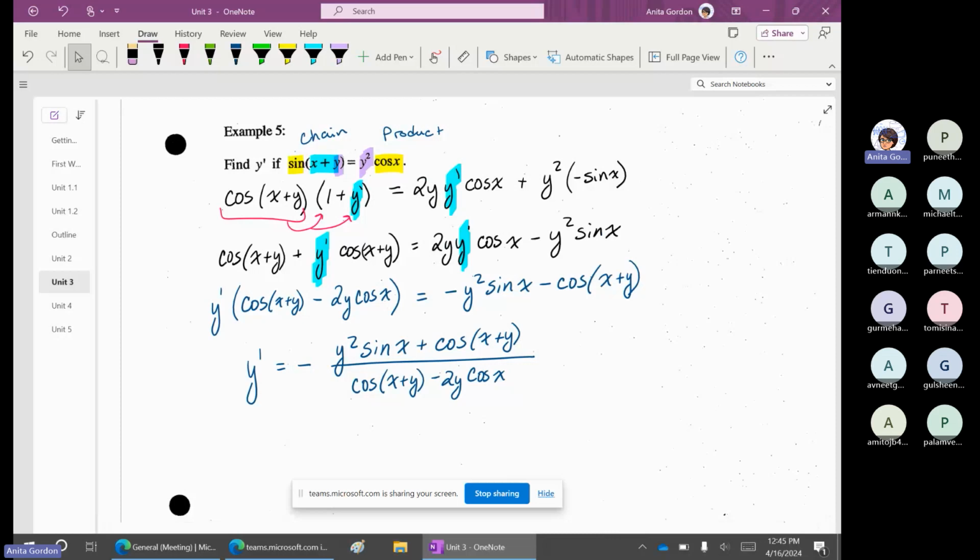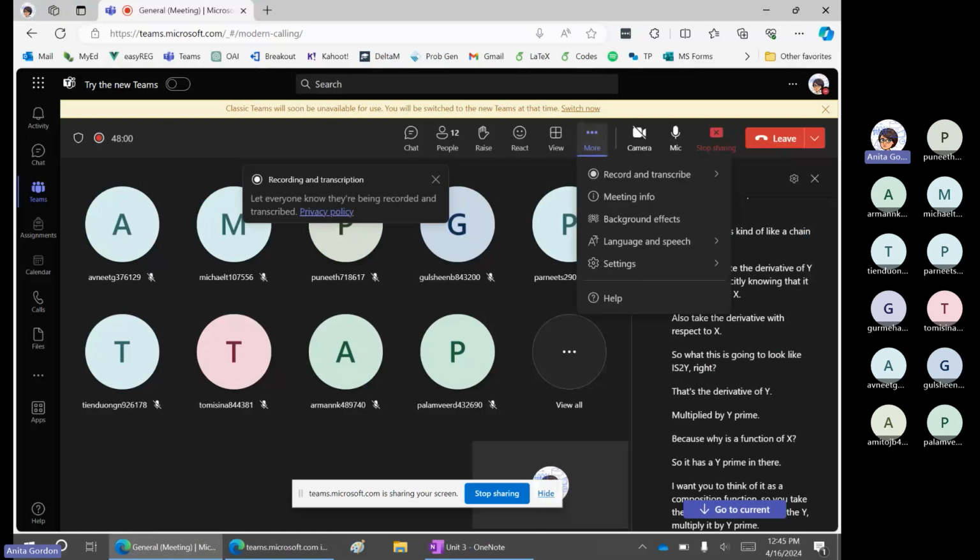I want you to spend the first 20 minutes doing Delta Math, implicit differentiation. Take a break. And after the break, you're going to do the assignment from your workbook. Okay? Assignment. Homework. Like the homework assignment.